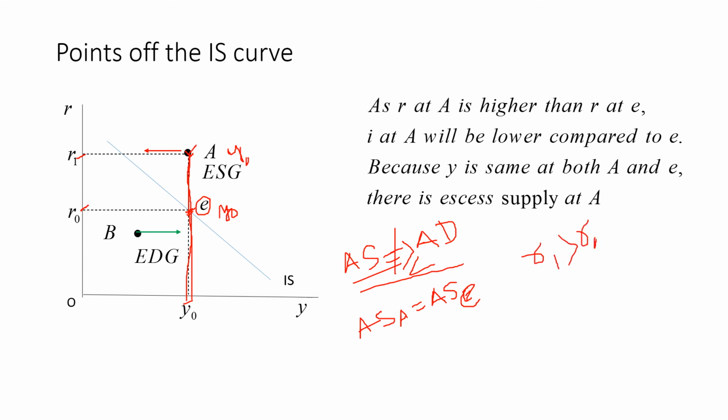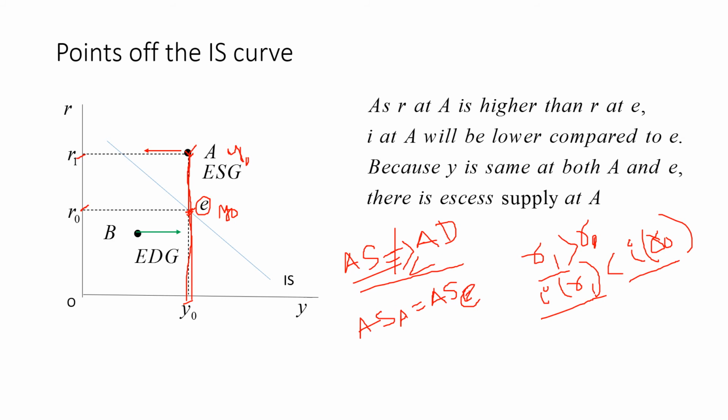If R1 is greater than R0, then investment at R1 must be less than investment at R0, because the investment function is negatively sloped. So if R is higher, investment is lower.